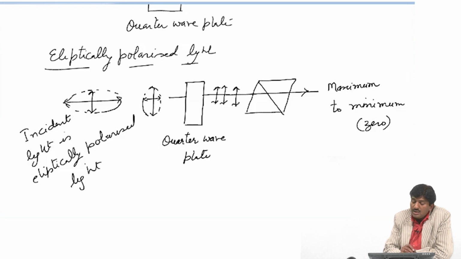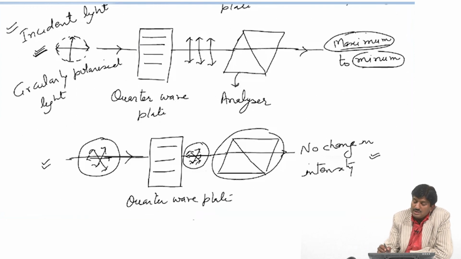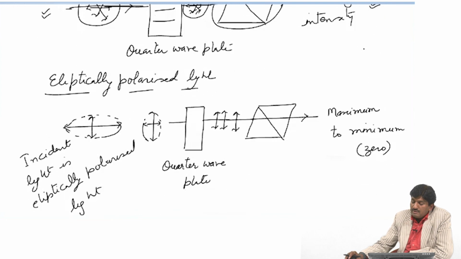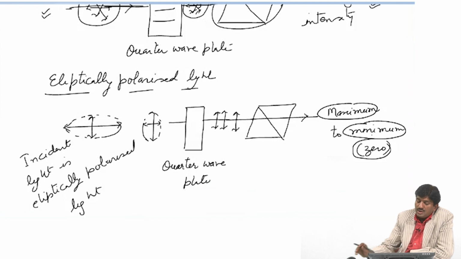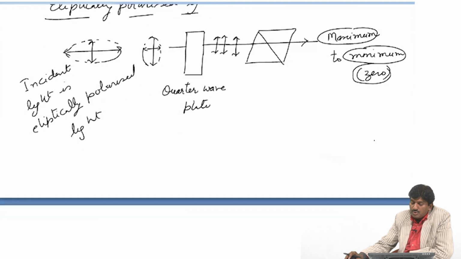In the previous case, the variation in intensity is maximum to minimum, but not 0, and in this case the variation is maximum to minimum including 0. This is the difference between circularly polarized light and elliptically polarized light.